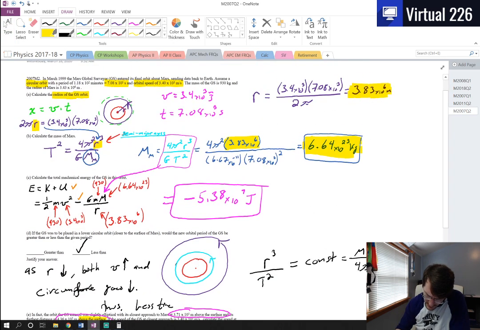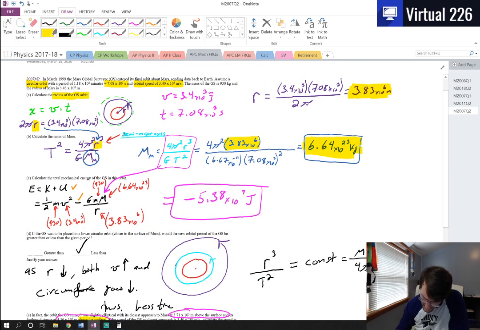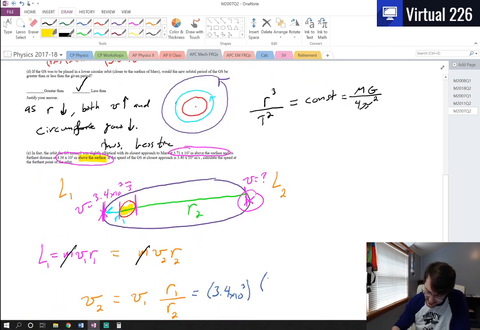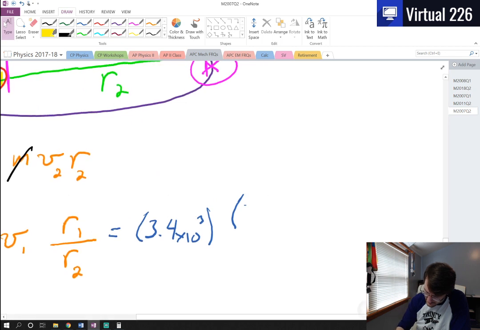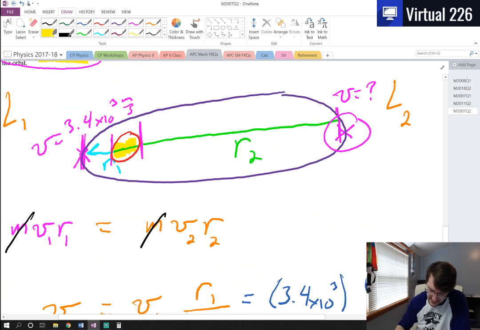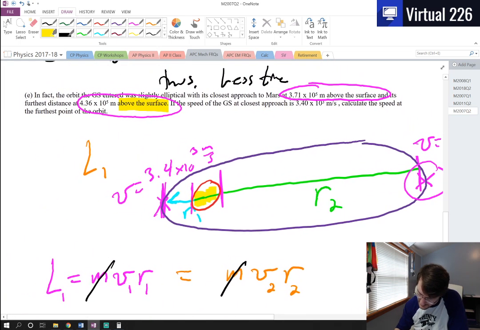What did we find? 3.43 times 10 to the sixth. So it's going to be 3.43 times 10 to the sixth plus the distance R1 above the planet.